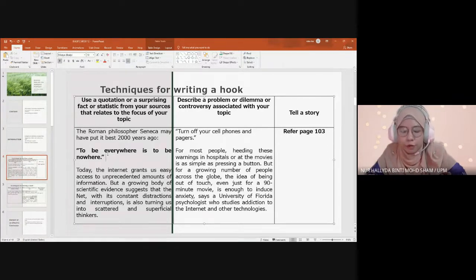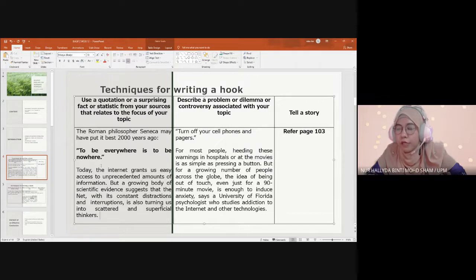And you might wonder, why is this author using a quote from 2000 years ago? And then this is the explanation. Today, the internet grants us easy access to unprecedented amounts of information, but a growing body of scientific evidence suggests that the net, with its constant distractions and interruptions, is also turning us into scattered and superficial thinkers.